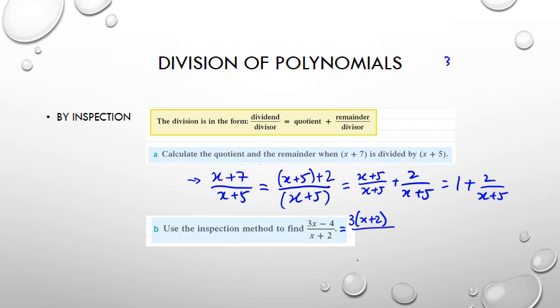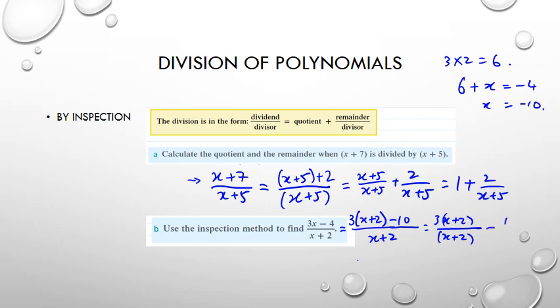Now, 3 times 2 is 6. 6 plus something gives you negative 4, so then it's negative 10. Do the same thing, separate it. X plus 2 cancels, so then we have 3 minus 10 over x plus 2.